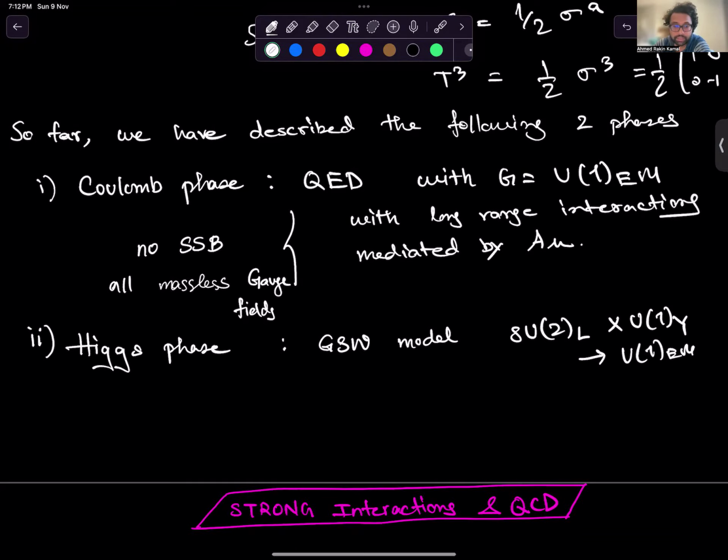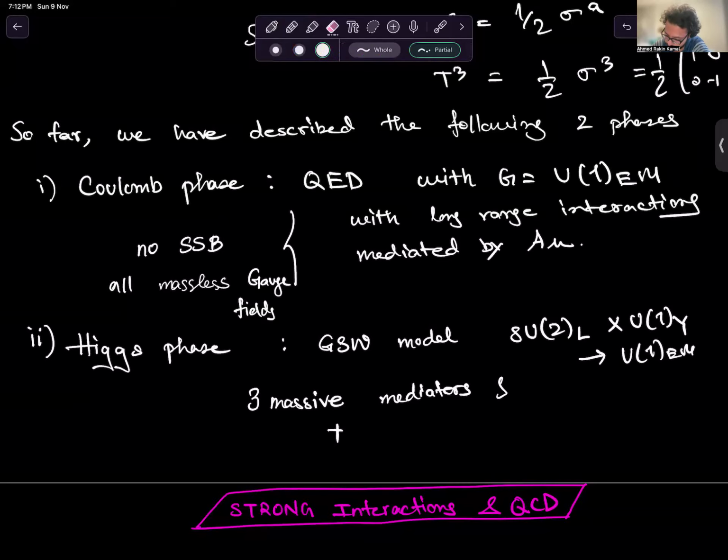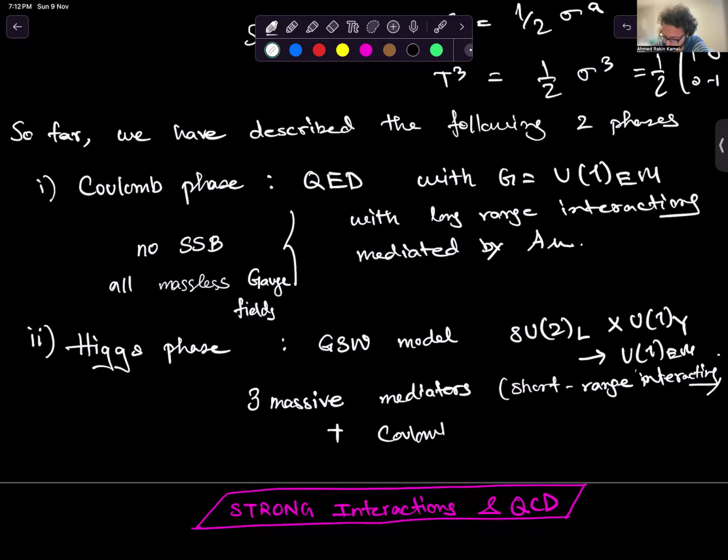The spontaneous symmetry breaking mechanism generates three massive mediators, W plus-minus and Z, so these are short range interactions, of course, because these guys are massive. And of course, the Coulomb phase is the other one. Okay, so these are the two phases of gauge theories.